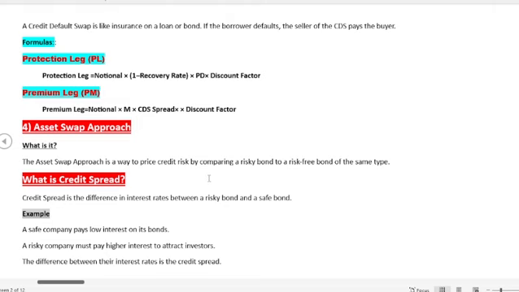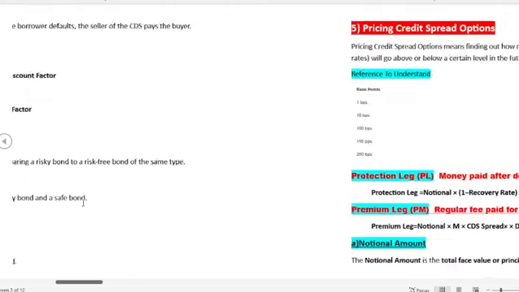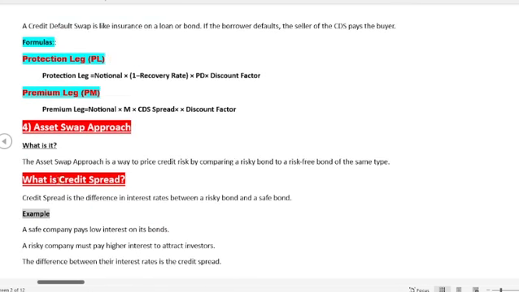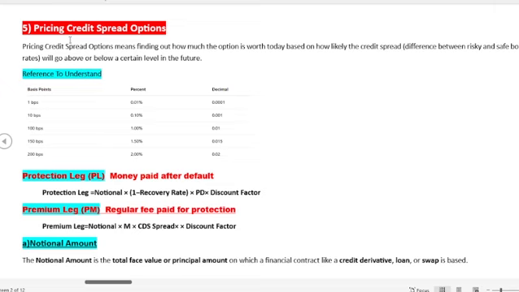Now, talking about what a credit spread is. I tried to explain credit spread before topic number 5. In topic number 5, we have pricing a credit spread option, so before understanding that, just understand what a credit spread is.